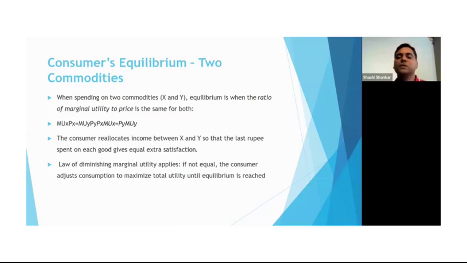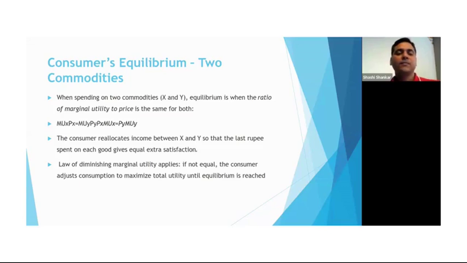That means the consumer will start shifting consumption from X to Y, if they have two commodities, to maximize total utility until it reaches equilibrium. So the concept is pretty clear, right?